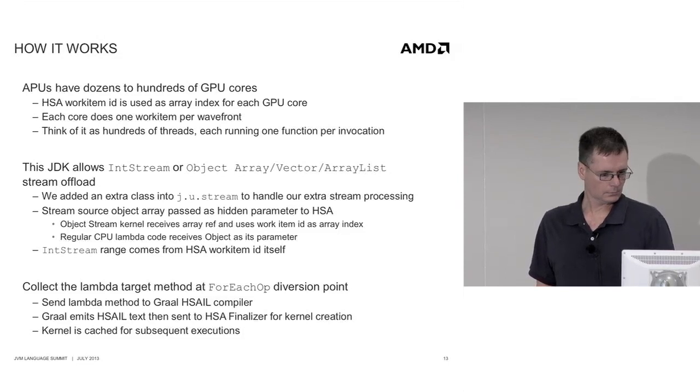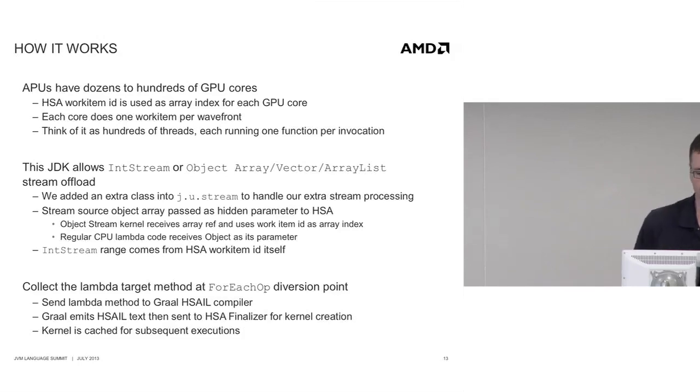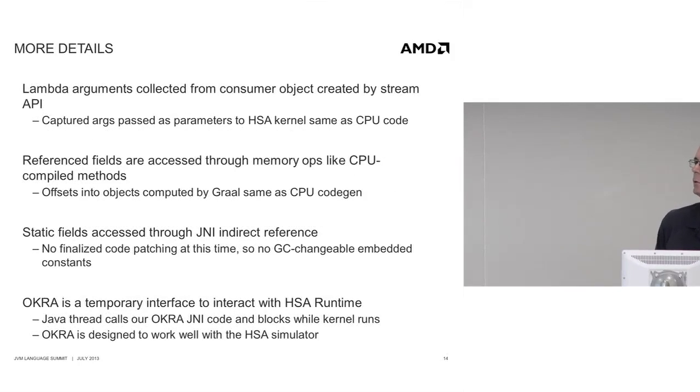Okay, so we collect the Lambda arguments pretty much the same way as the consumer object does in the Stream API code, and we pass them down to the kernel, basically the same as the regular CPU code works. That's very straightforward, and you'll see that in the code example. The captured arguments work the same way.